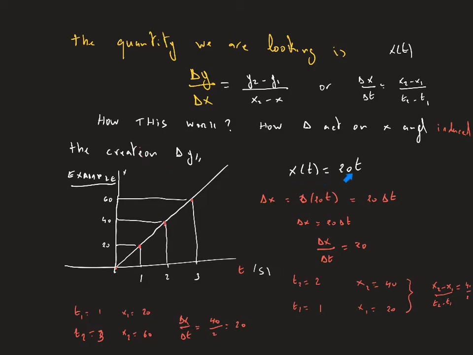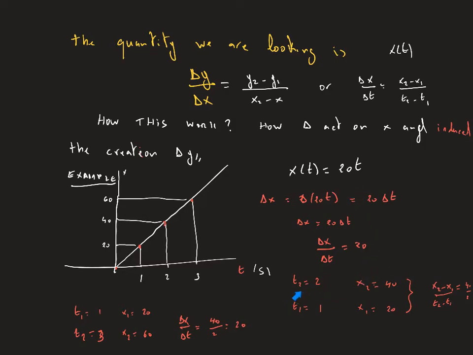If x of t is 20t, we already did it. Again, delta x, the change in x, is the change in 20t. It will be 20 times delta t. So delta x will be 20 times delta t. And delta x divided by delta t will be 20. That is exactly the slope of the curve.